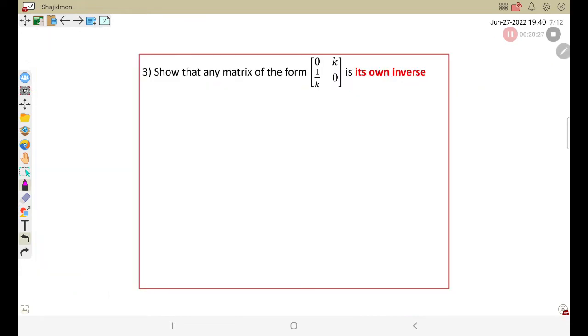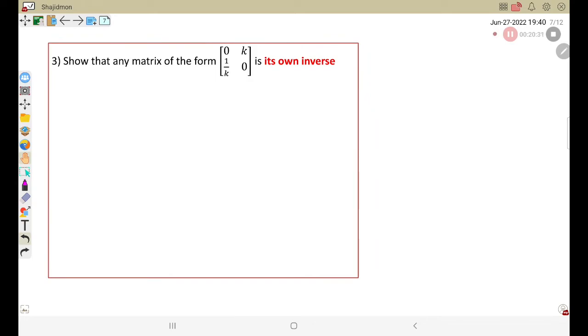Okay, now we will come to question number 3. Show that any matrix of the form 0 k 1 over k 0 is its own inverse. For example, I am taking that matrix as A equal to matrix 0 k 1 over k and 0.